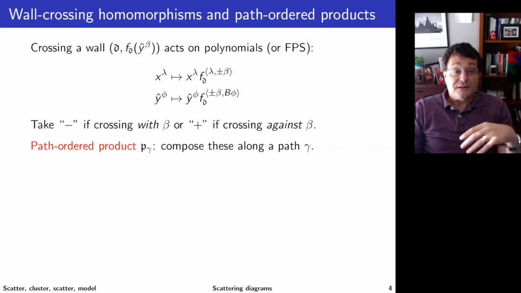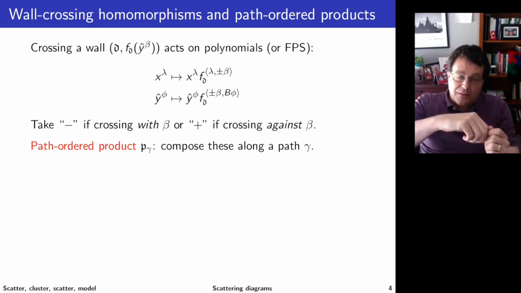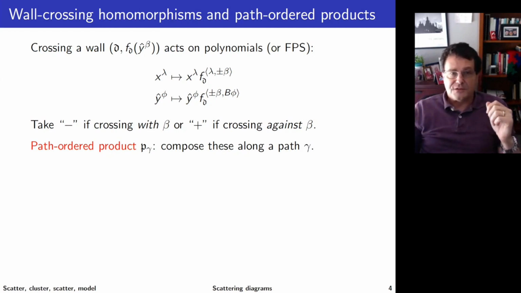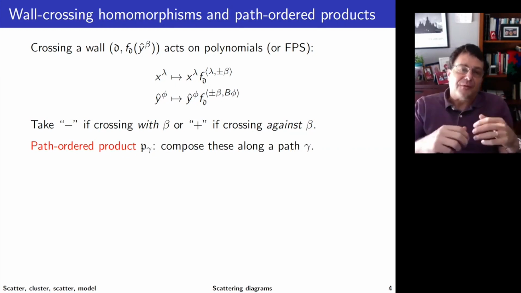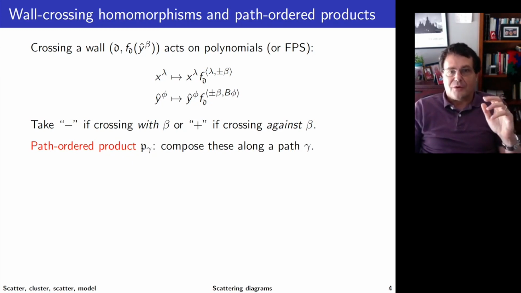A path-ordered product is something that we get by composing these wall crossings along a path. And this is actually where we need the finiteness condition, because our path might cross infinitely many walls, and so you can't make an infinite composition of automorphisms, of these functions that modify our polynomials or monomials.